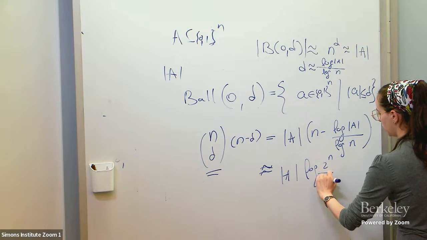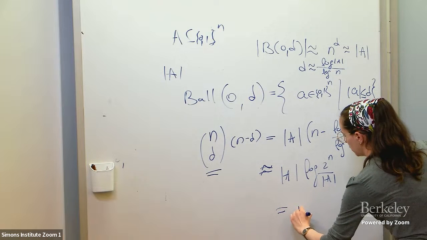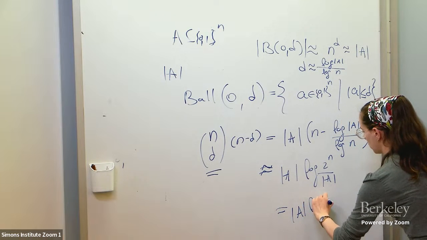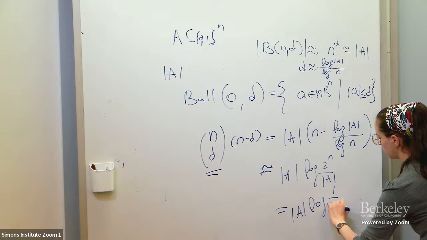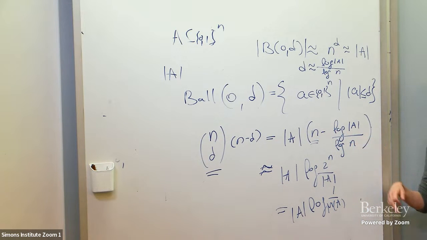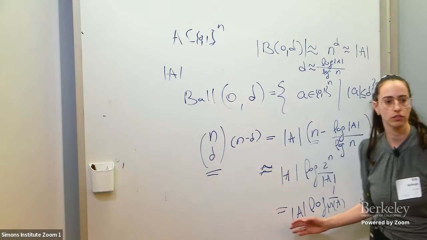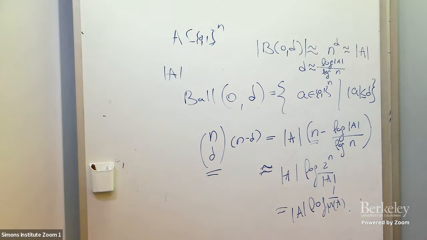So n over A is exactly the density of A; this n just gives us a normalization of the size of A. So if you believe that this is the best thing that you can do, then you get the lower bound on how many edges go outside. This is for the previous hour.